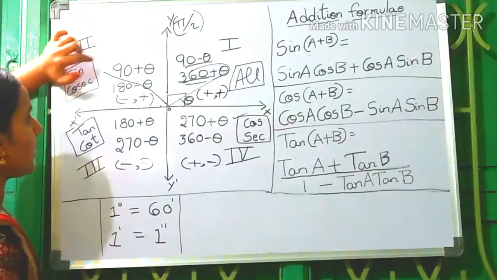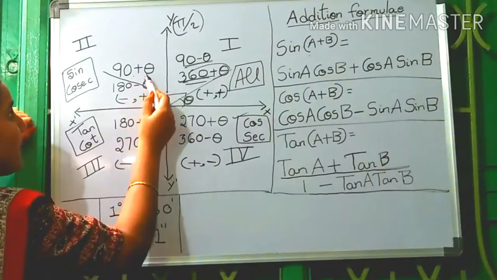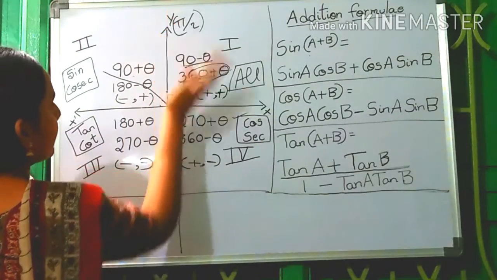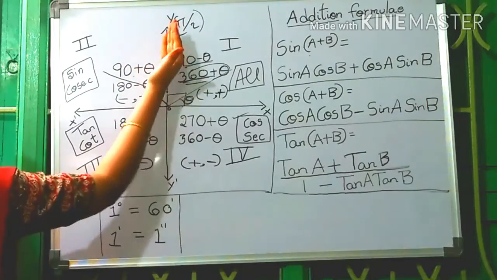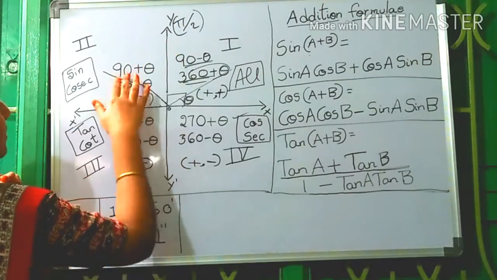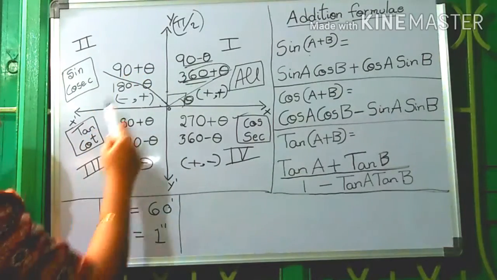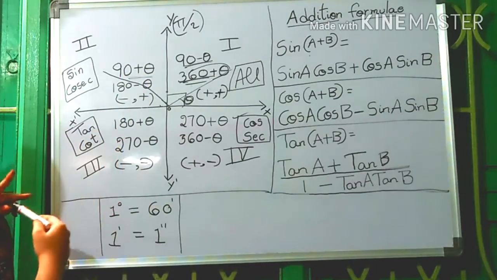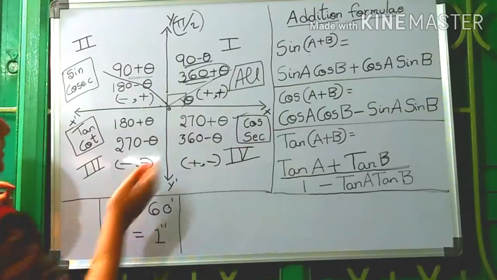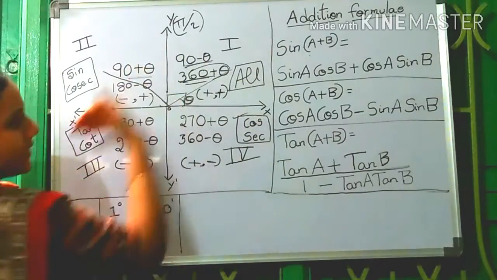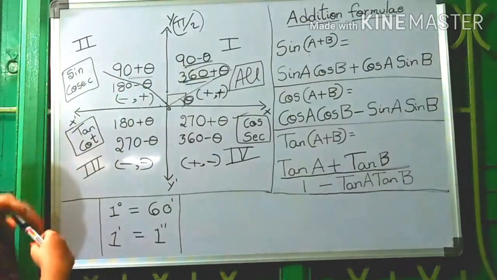Angles in the second quadrant are mentioned as 90 plus theta. This is 90 degrees with x-axis and it is some angle greater than 90. So, angle is mentioned as 90 plus theta or 180 minus theta. From this, it is rotated 180 degrees.